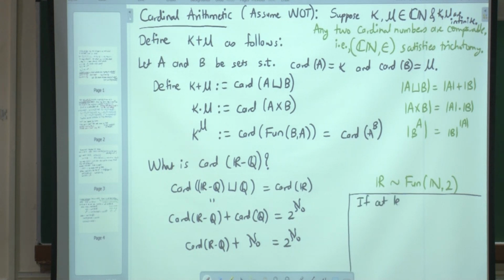If at least one of kappa and mu is infinite, and both are non-zero, then kappa plus mu is equal to kappa times mu, which is equal to the maximum of kappa and mu.